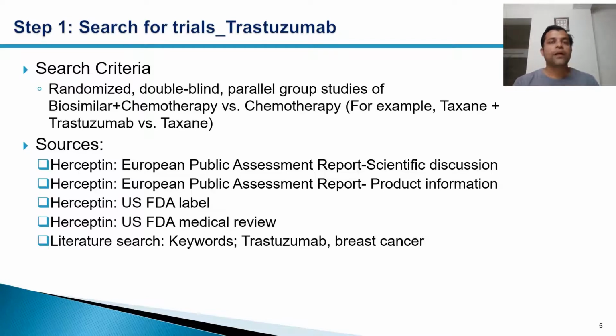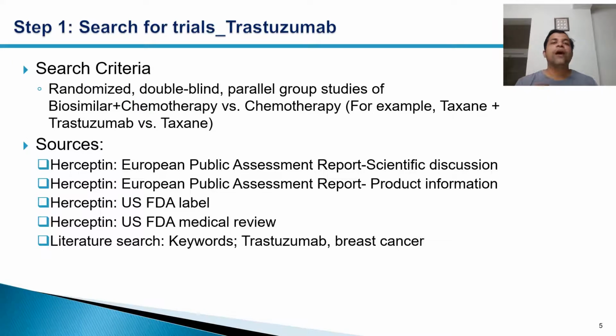For that, the researcher has to search data of studies like randomized, double-blind, parallel group studies of a biosimilar plus chemotherapy versus chemotherapy. So these should be the study types. So one should look at those studies in which diseases are designed.